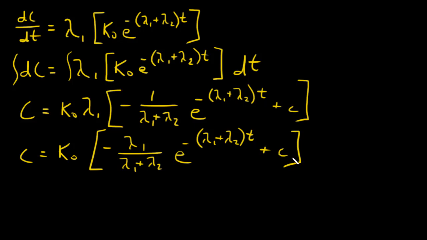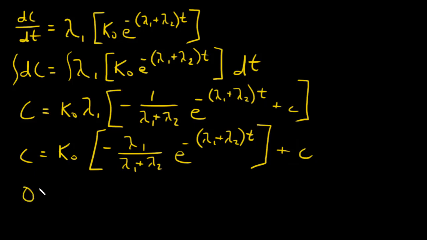So I really wind up having, if you will allow me to erase this just a little bit to put into a form that I like a little better, something that looks like this, right? So this is what I need to figure out using my initial condition. I know that at t equals 0, the amount of calcium was 0.